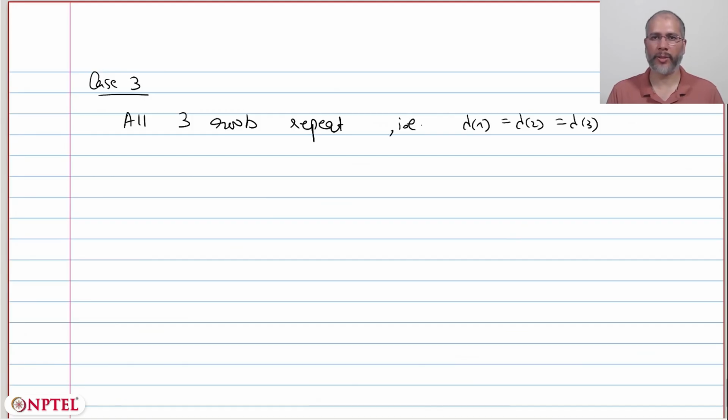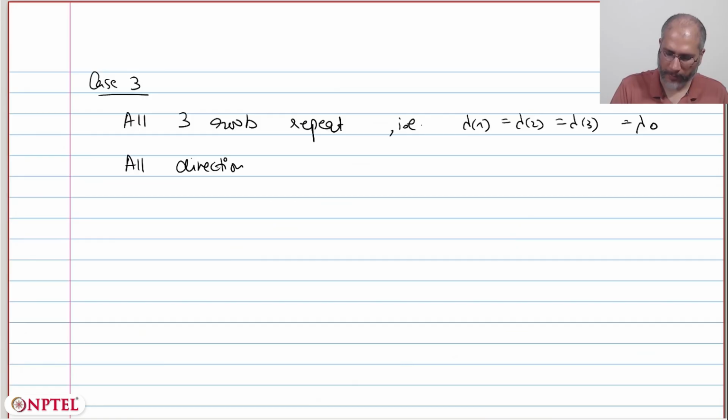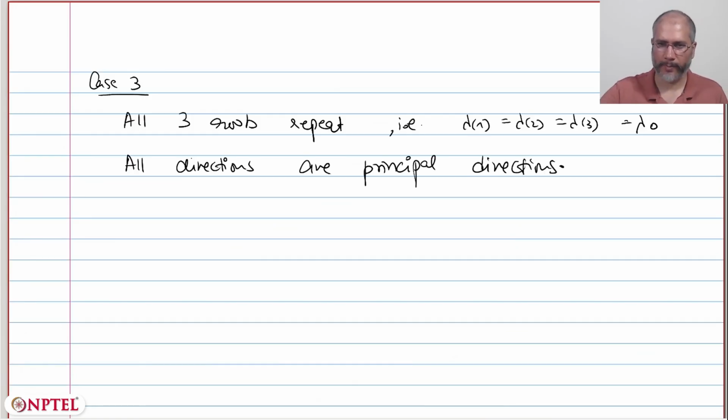Any n hat you choose, you multiply that by sigma, you get some quantity lambda naught times the same vector that you started with. So if you want to form a right-handed coordinate system using n hats, you can basically choose any three mutually perpendicular n hats in this 3D system.